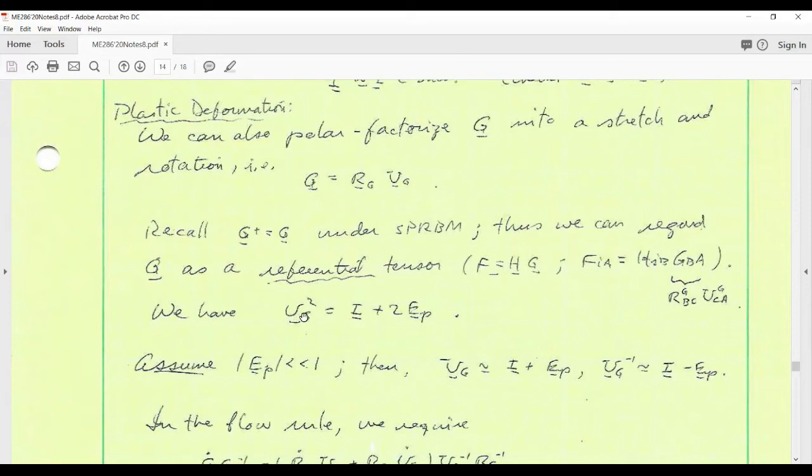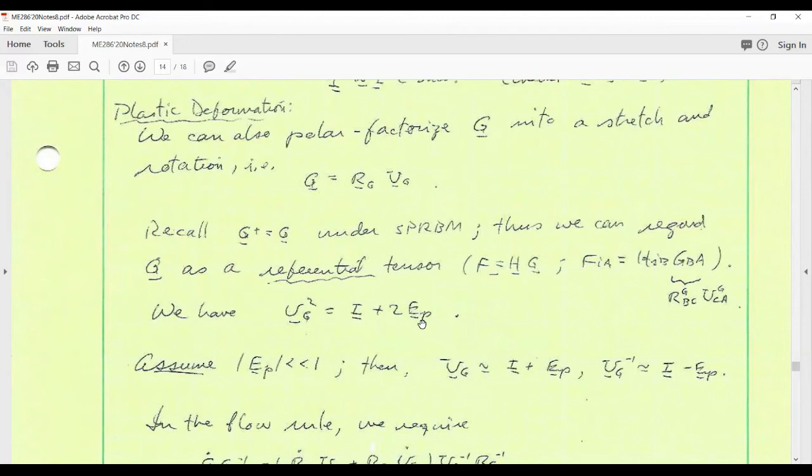We know that the square of U_G, that's the right Cauchy-Green deformation based on G, is identity plus twice the plastic strain from the definition we had last time. Let's assume that the plastic strain is very small in magnitude. Then the square root of this will just be this, for the same reasons we said before.